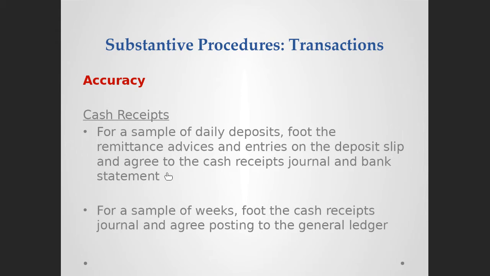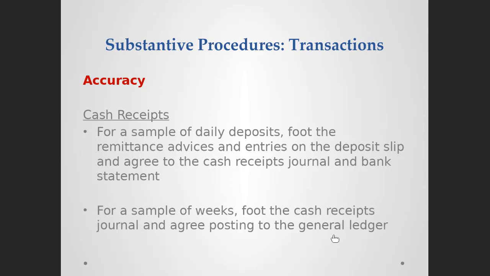Now, there is one extra step here. All cash receipts are also recorded in the general ledger, but they are not recorded item by item. So let's say you received payments from 10 different customers in a day. The cash receipts journal will have 10 different entries for each of these amounts individually.